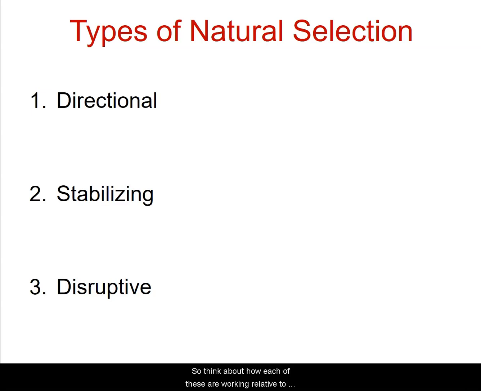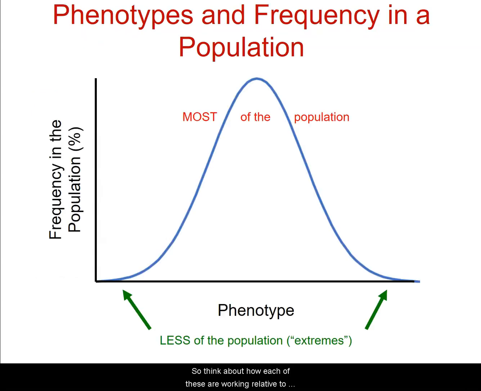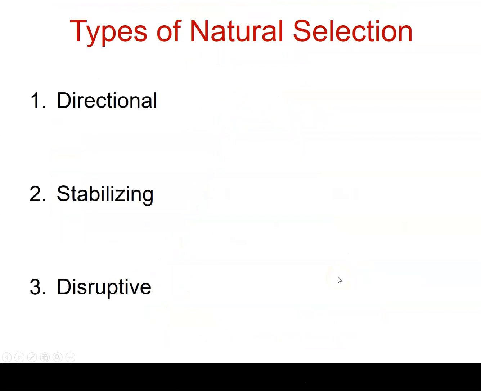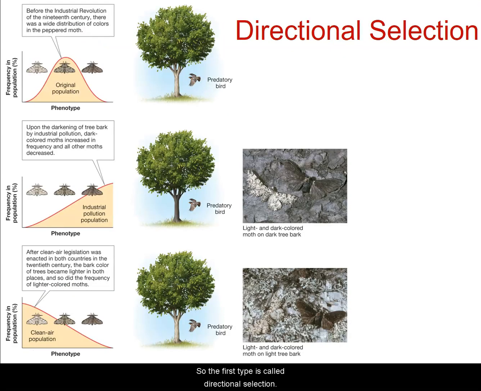So think about how each of these are working relative to this figure here, a standard bell curve, where most of the individuals are in the middle, and you have fewer at the extreme. So the first type is called directional selection. This is simply where you take the bell curve and shift it in one direction or another.